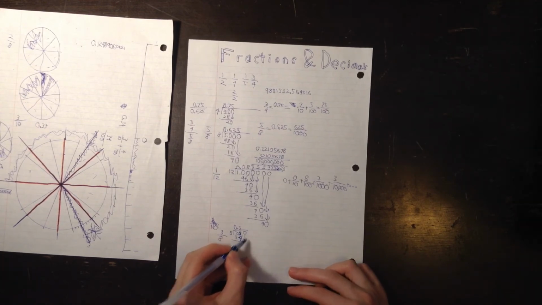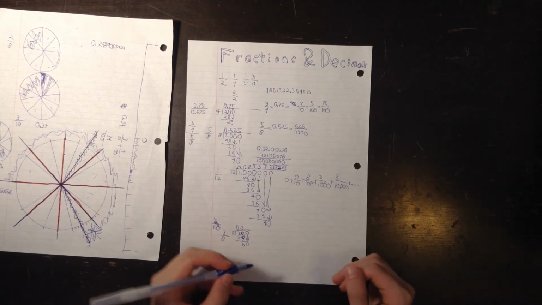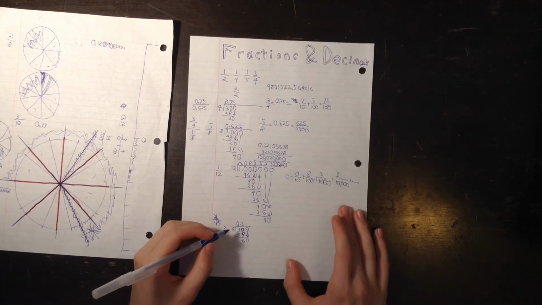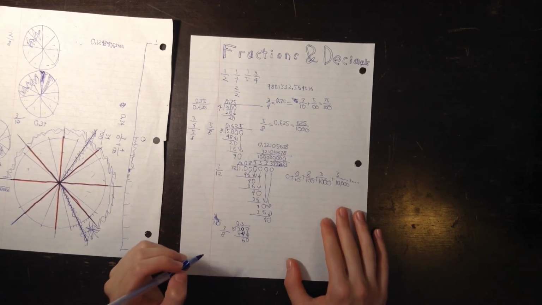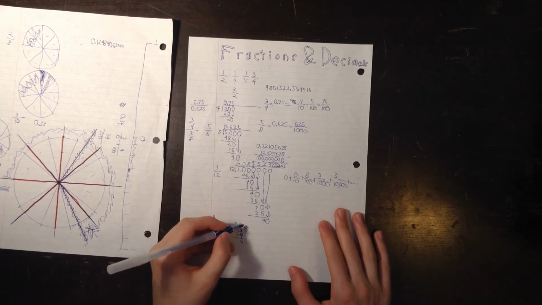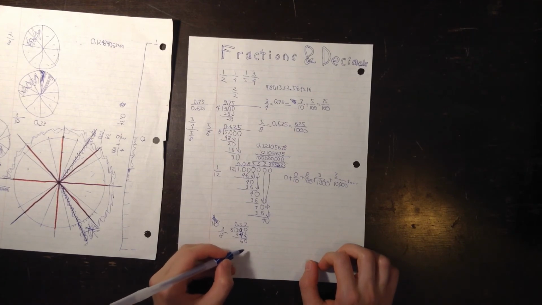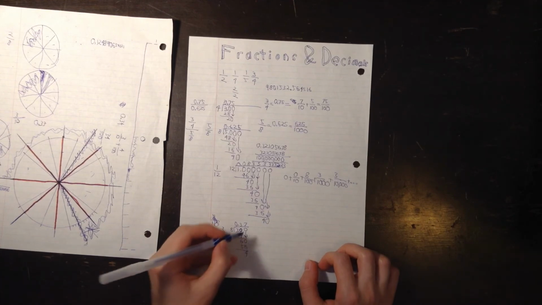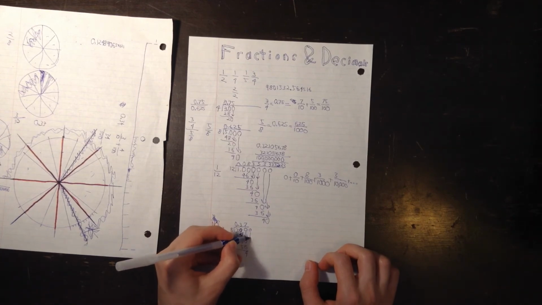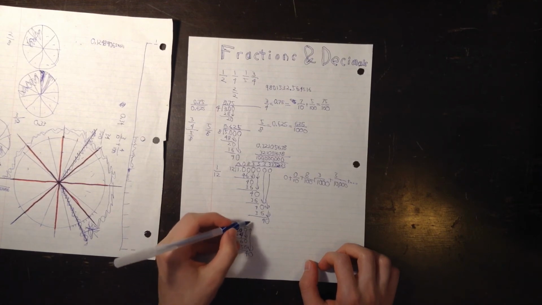Let's add a decimal, 60, 8 goes into 60. Well, let's see, 5 times 8 is 40, 8 times 8 is 64, 7 times 8 is 56. So 7 times 8, and we got 56, and 56 leaves us with 4 left over, and 5 times 8 is 40, so 5.